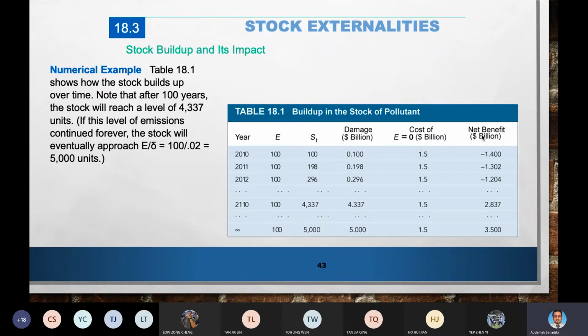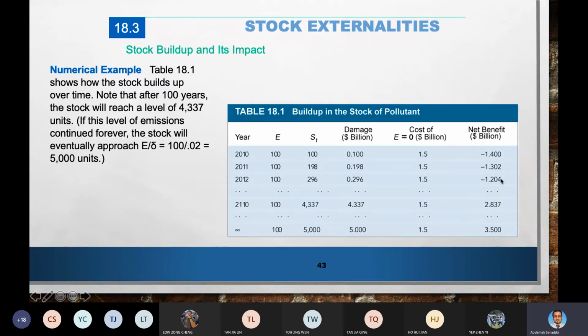So what do you expect here? If we see the annual net benefit here, 1,400, then in the first year, a minus means that the cost is greater than the benefit. The first year, second year, the cost is greater than the benefit. The third also.